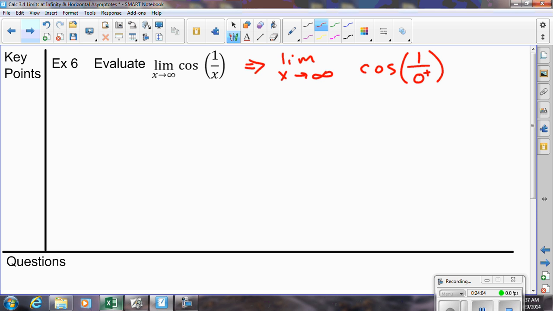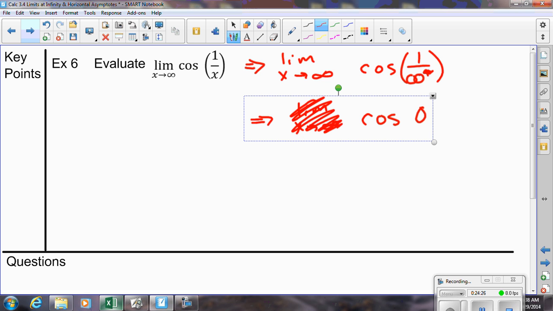What's happening with 1 over infinity? 1 over infinity is basically going to 0. So thinking intuitively, it seems like it should be going to cosine of 0, or at least in the limit, it should be approaching cosine of 0. What's the cosine of 0? 1. And so we're finished.